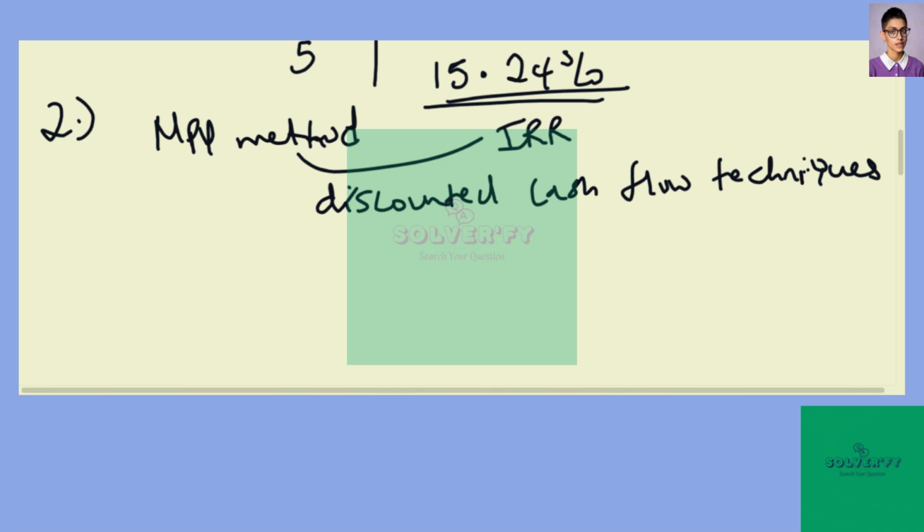In the net present value method, the excess of the present value of cash inflow over the cash outflow is the surplus.